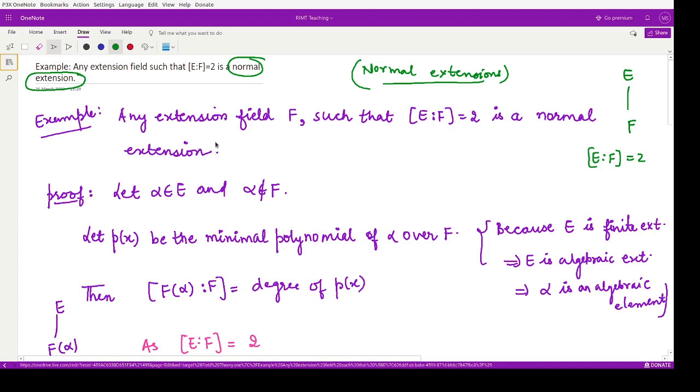Because the degree given is 2, that means this is a finite extension. If this is a finite extension, it implies it is also an algebraic extension.